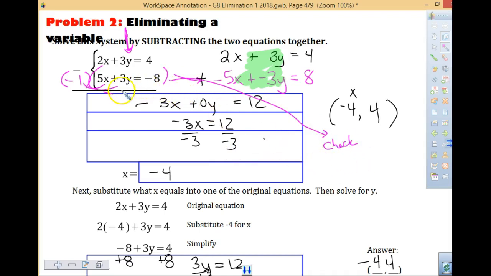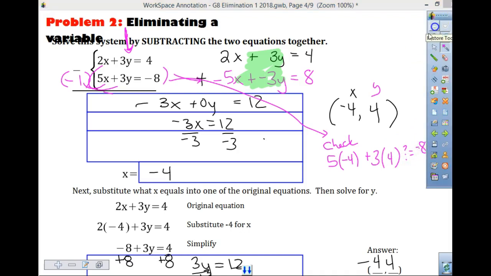So Wally, if we're using the second equation, I'm going to put 5 times, what was my x value? Careful. So 5 times -4. Then I'm going to put plus, what's the rest of that equation, Wally? 3, but I'm not going to use y. What was y equal to? So I'm going to put 4. And I'm trying to see if this is equal to -8, right?